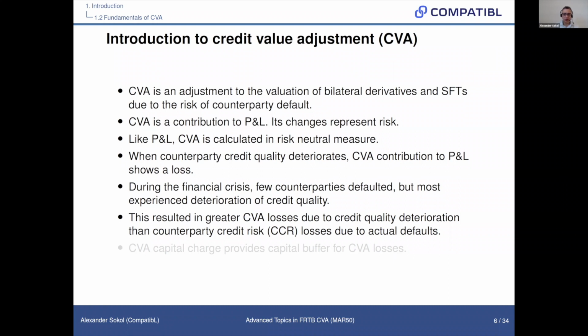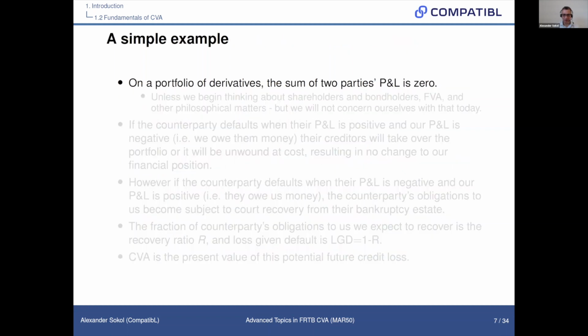In other words, very few companies defaulted, Lehman of course famously, but also a few others, but a lot more companies temporarily became more risky, and that resulted in a loss on CVA in the P&L, not unlike market risk losses that occur when the markets move during the same financial crisis. So that's why we need the CVA capital charge, because it provides a capital buffer for CVA losses.